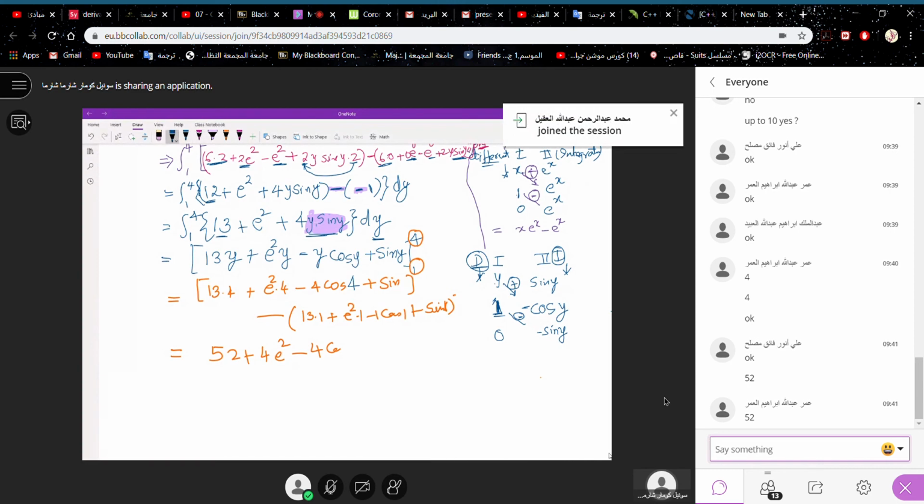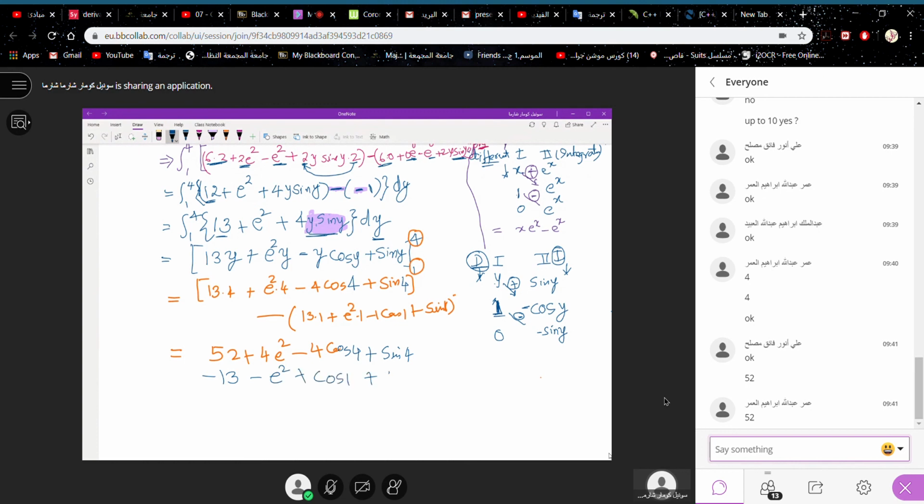It should be 4. So 4 cos 4 plus sin 4, minus 13 minus e square plus cosine 1 plus sin 1. So 52 minus 13, this is 39 plus e square minus 4 cos 4 plus sin 4 plus cosine 1 plus sin 1.